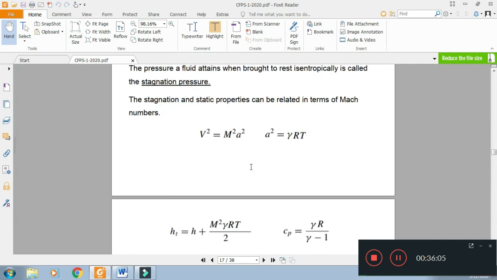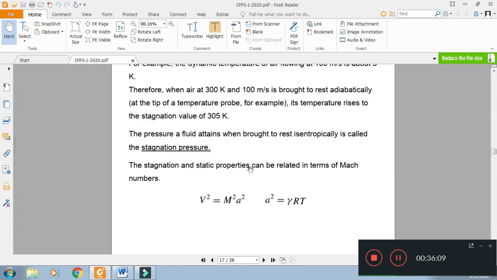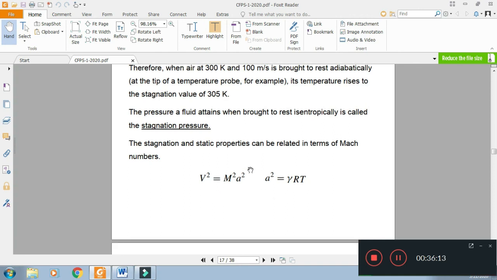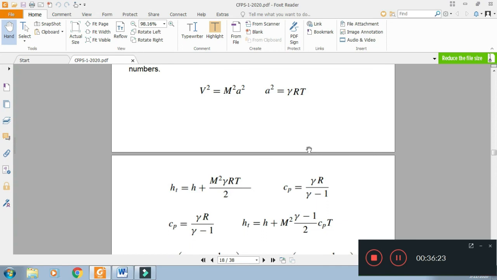The further relations used for bringing the stagnation quantities in terms of Mach number are V square equal to M square a square, which is according to the definition of Mach number, then a square equal to gamma RT, which is the velocity of sound relation.